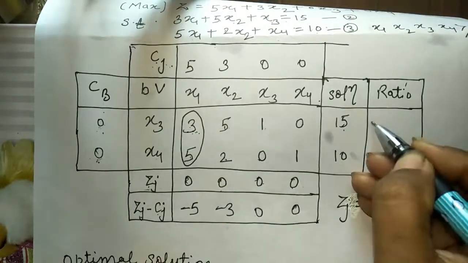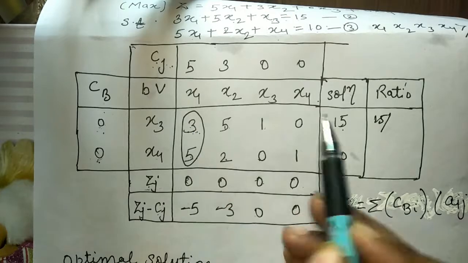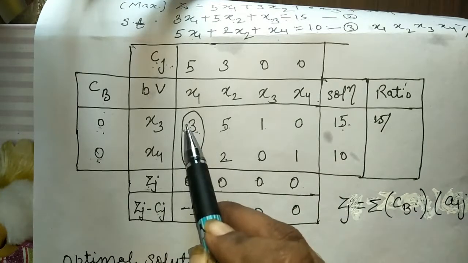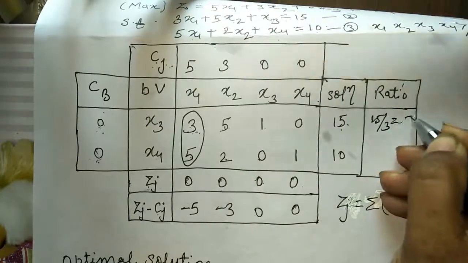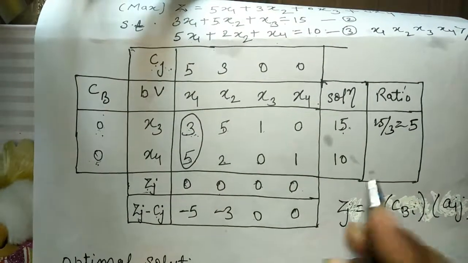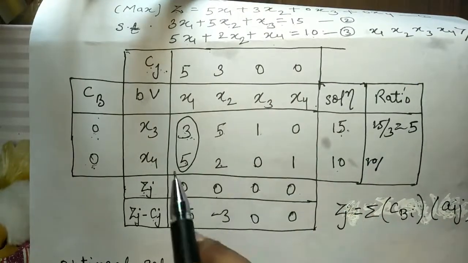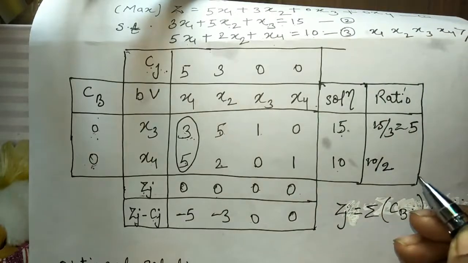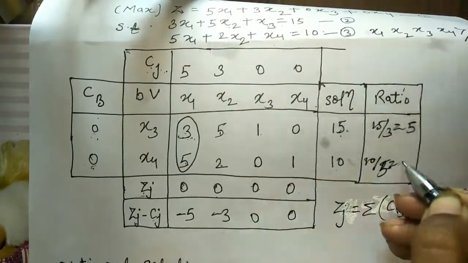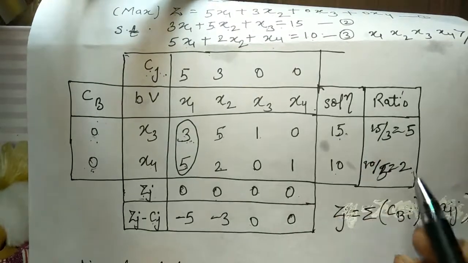So here the solution is 15 and the corresponding value of the key column is 3. That means 15 upon 3 is equal to 5. Here the solution is 10, the corresponding value of the key column is 5. So this is equal to 2. Here again we will find out the minimum.